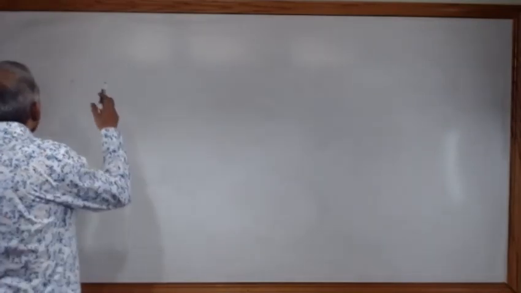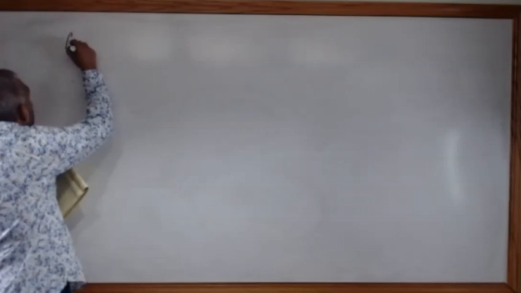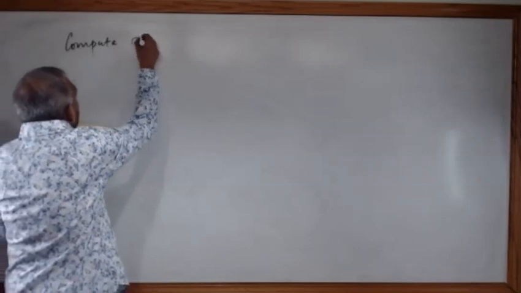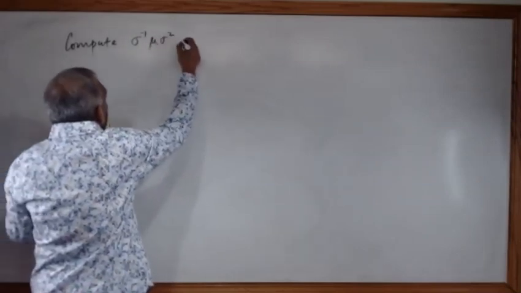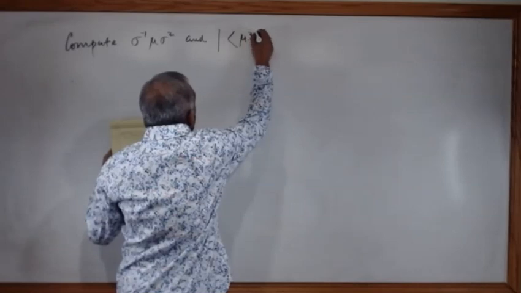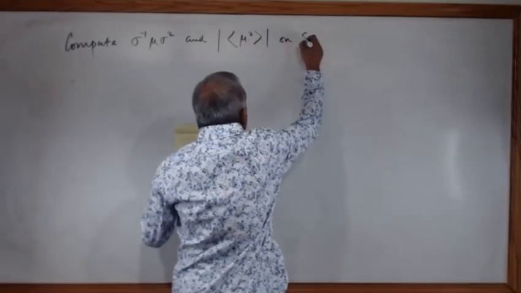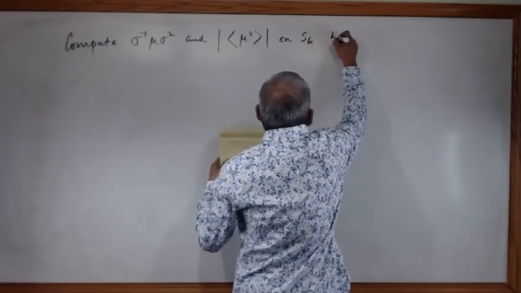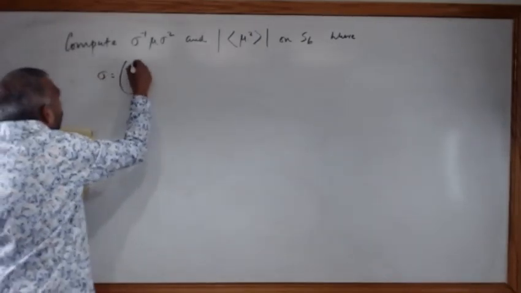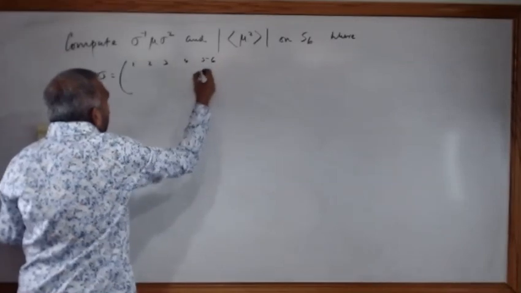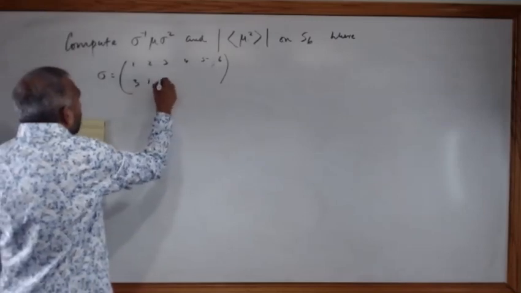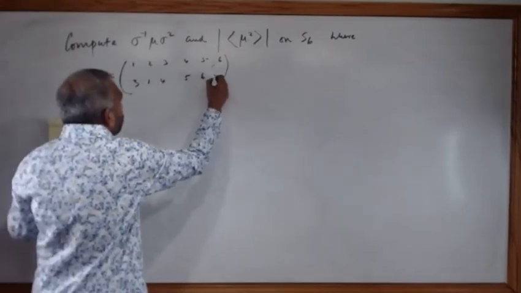Let us do a computational problem on S6. Compute sigma inverse mu sigma square and the order of the subgroup generated by mu square on S6, where sigma is equal to 1, 2, 3, 4, 5, 6 mapping to 3, 1, 4, 5, 6, 2.